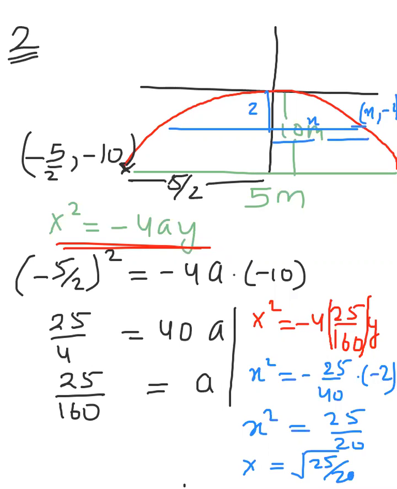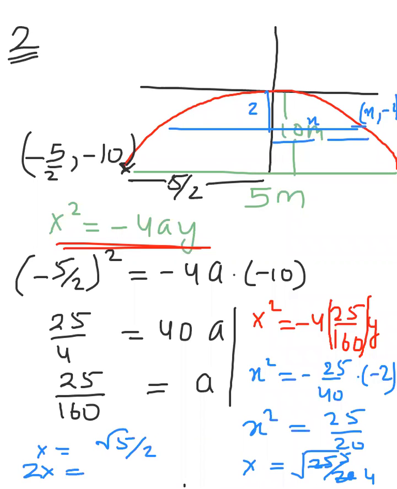We are supposed to calculate the overall width, so the overall width will be just double of the original. Now 2x will be the width.